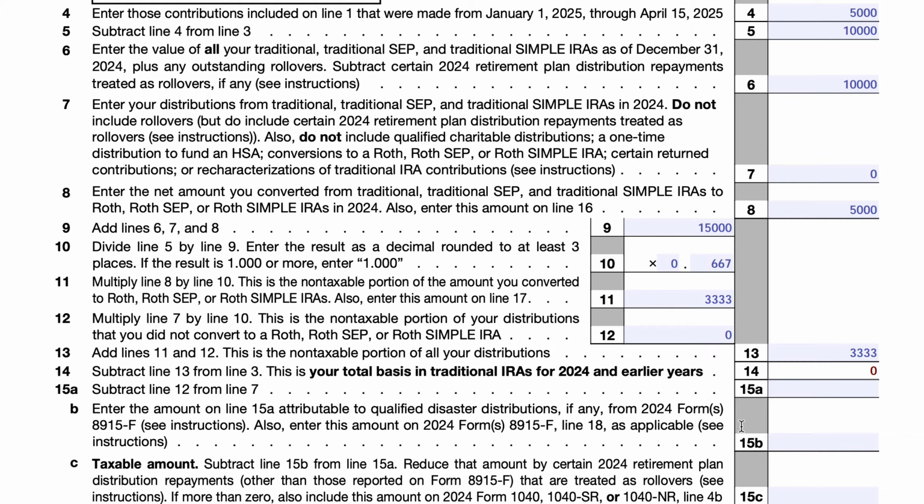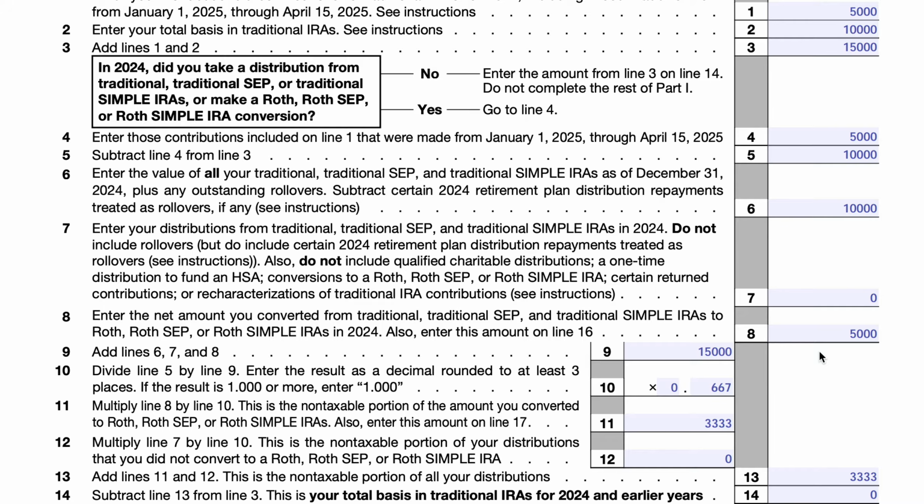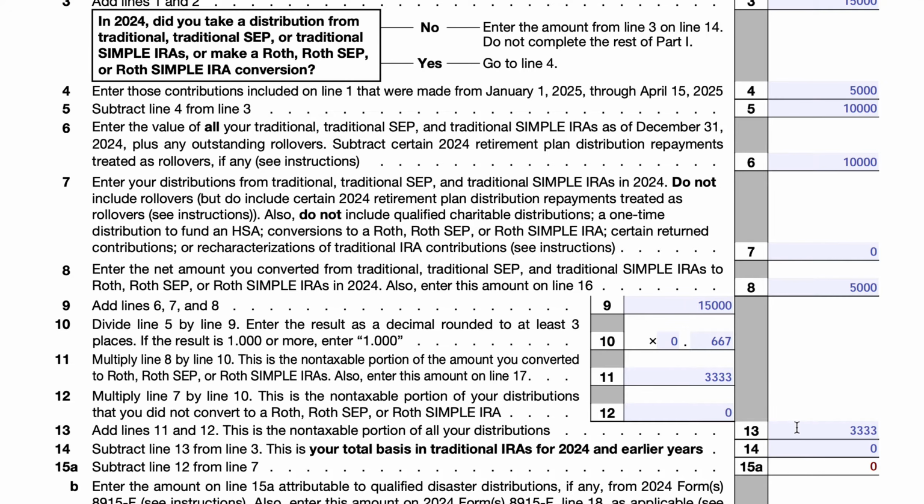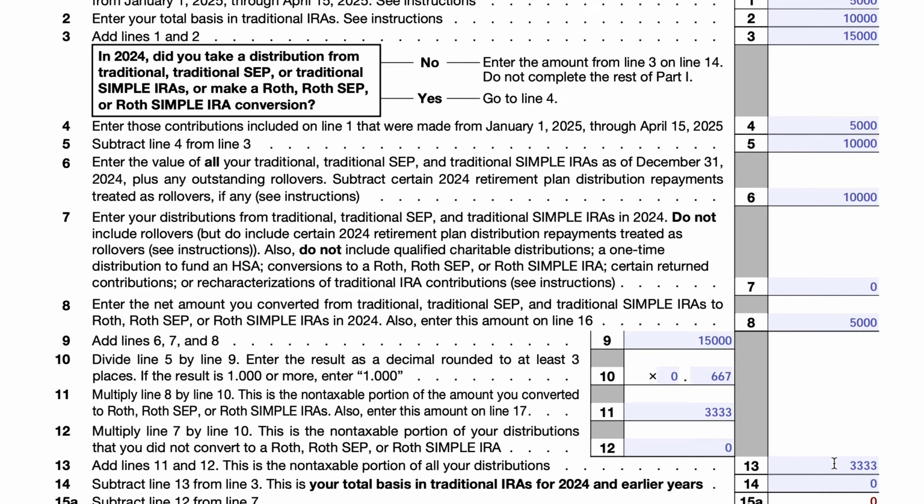Now we're going to subtract line 13 from line 3. I apologize, there's a misstep. So we're going to take the line 13 number, subtract it from line 3, and we get $11,667. Now we're going to subtract the line 12 amount from line 7.